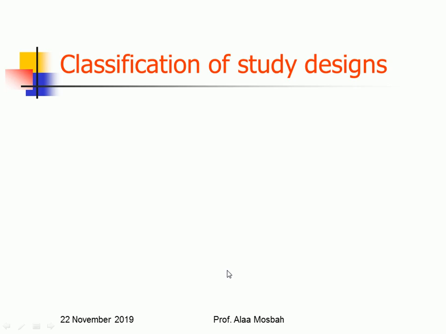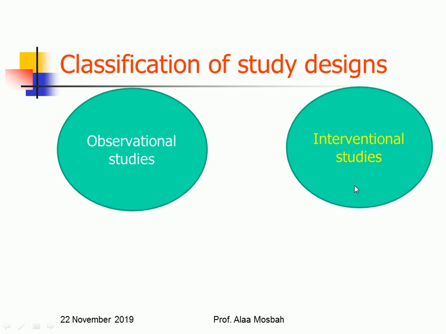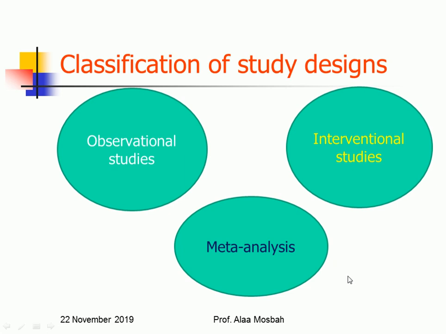Okay, let us go to the main core of this lecture, which is classification of study designs. Actually, we have three big categories: observational studies, interventional studies, and meta-analysis. Generally, in an observational study, we don't interfere by giving the patient drugs or doing a procedure, so it is called an observational study.